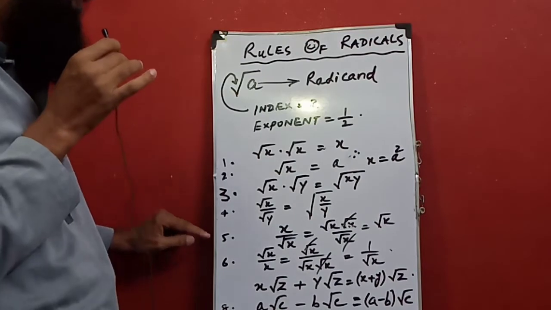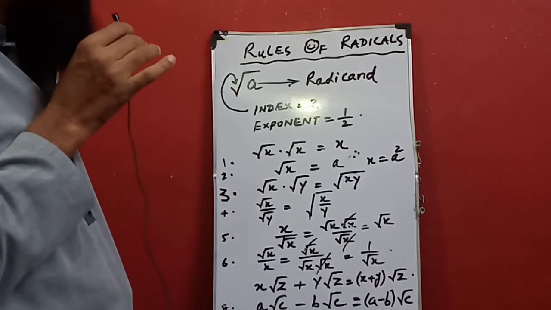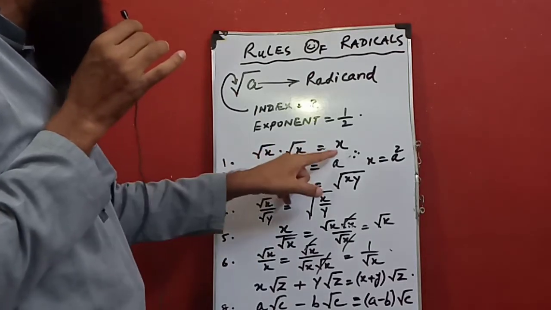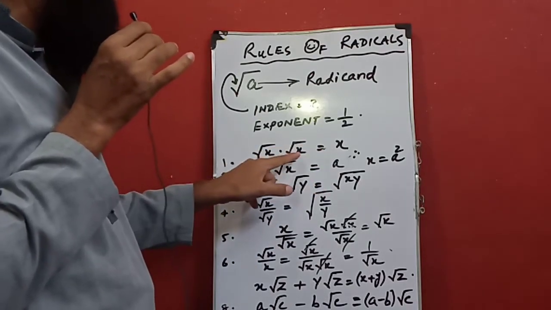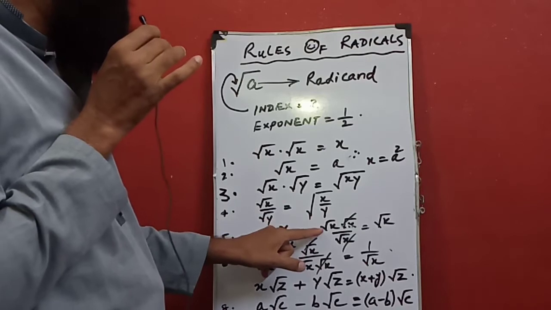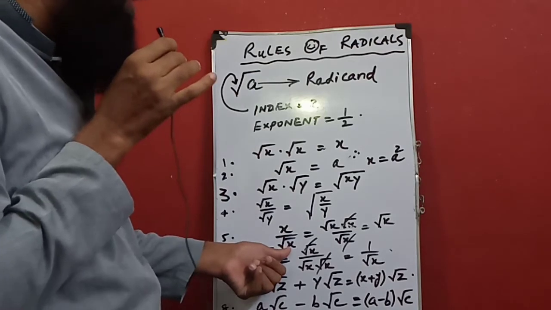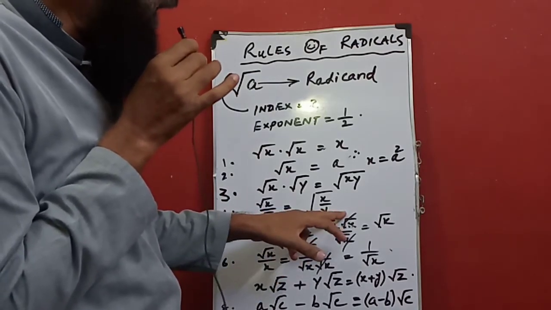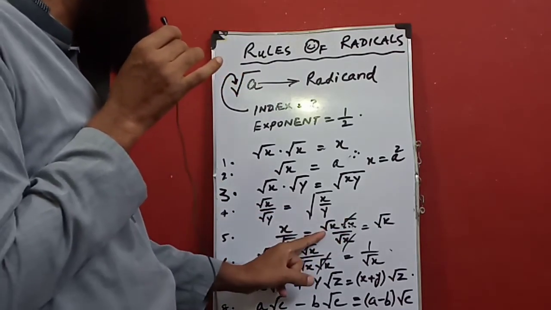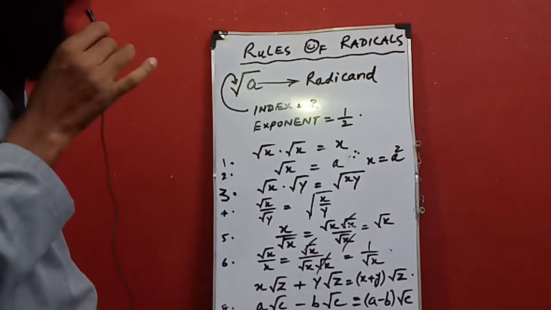Rule number 5, if a number is divided by the radical sign having the same terms, according to rule number 1, x equals root x multiplied by root x. Therefore, x upon root x we write as root x multiplied by root x over x, and in the numerator as well as the denominator, x is present, so both are cancelled, one radical sign of x remains, that means the answer is root x.